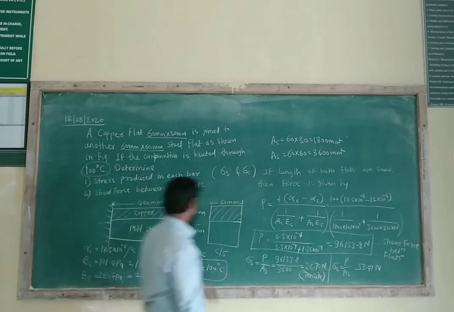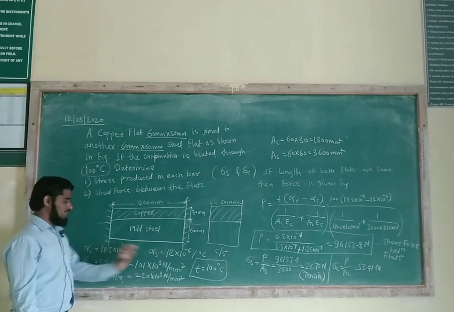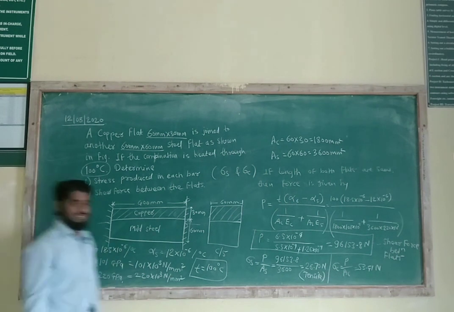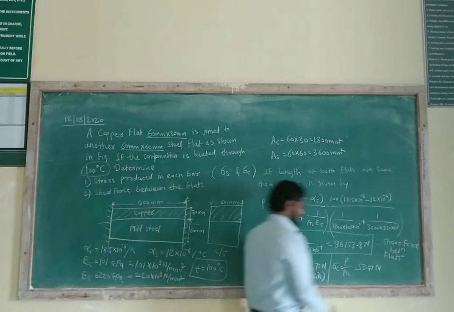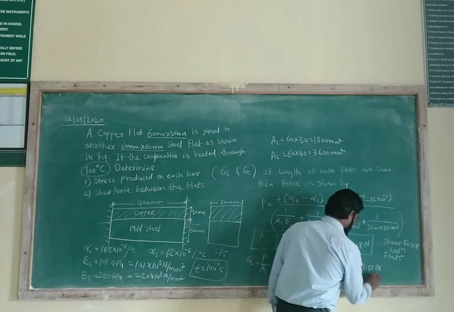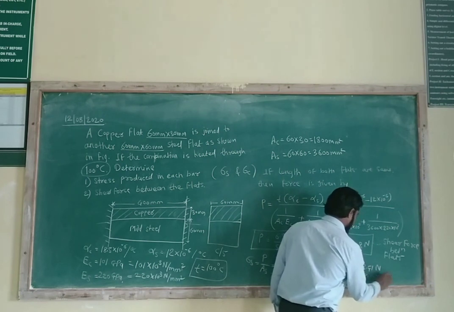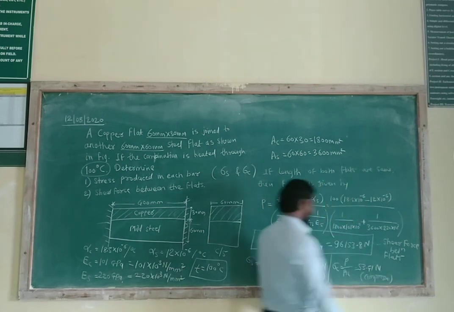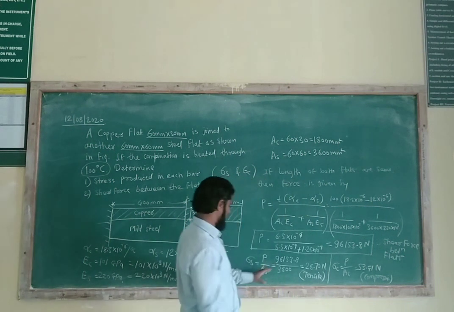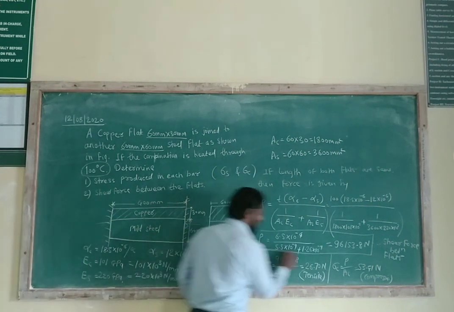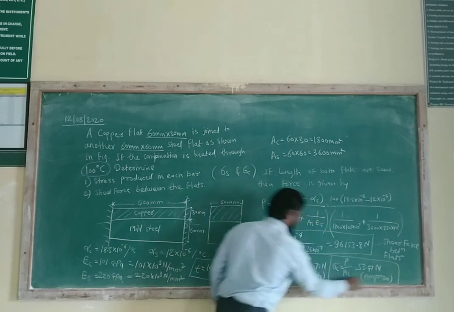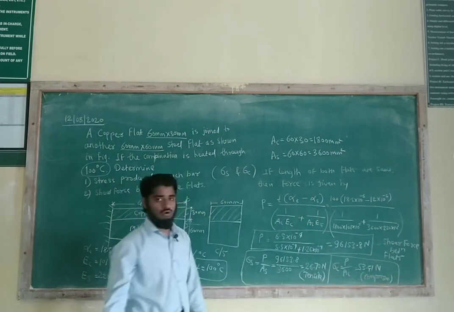The coefficient of expansion is higher than steel, so it is in compressive nature. This is how to calculate the stress in steel and stress in copper.